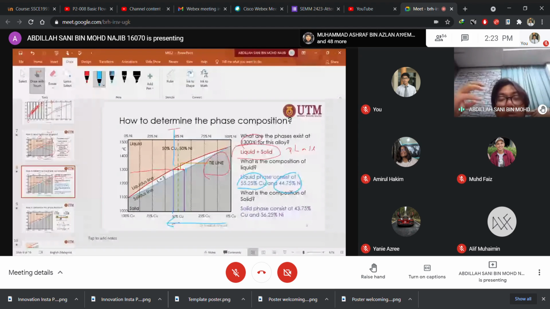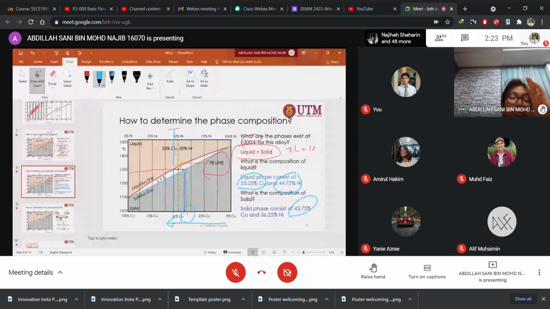If you want to know the composition of the solid, you have to refer to the point where the tie line crosses the solidus line. You extrapolate from here, and then you know that the copper should be 40 something, below 50.